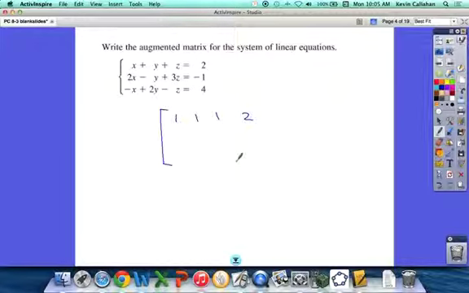What about the next row? 2, -1, 3, -1. And the last row? -1, 2, -1, 4. So we're kind of appending a matrix to a matrix. That's the augmented matrix.